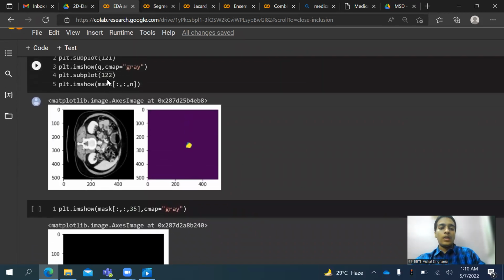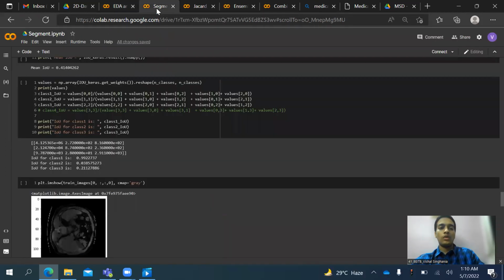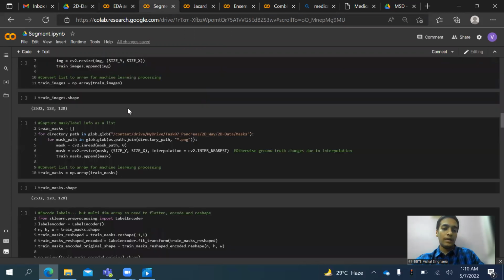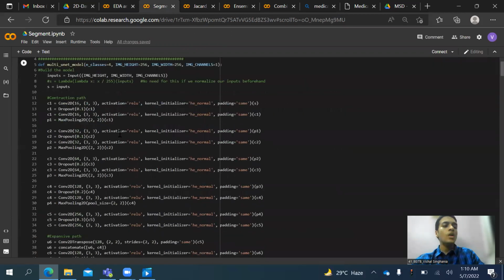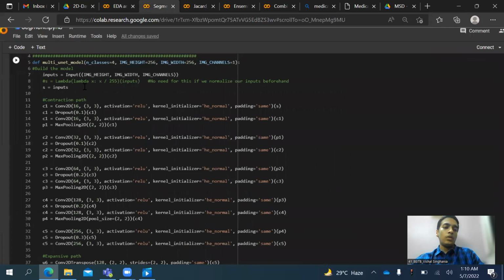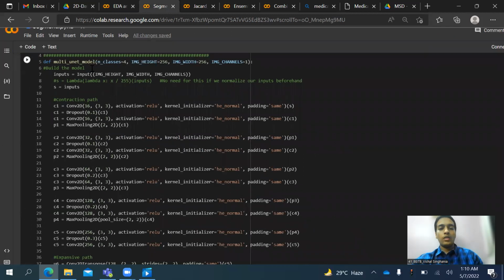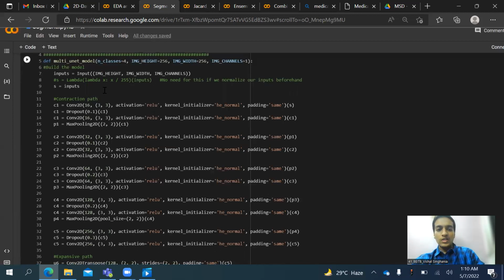So after having built the image processing pipeline, it was time to go for the model building approaches and determine which of those particular models can fare well on the entire data format. So we opted for a multi-unit model. So this U-Net model is one such state-of-the-art algorithm which is used in building biomedical deep learning applications.